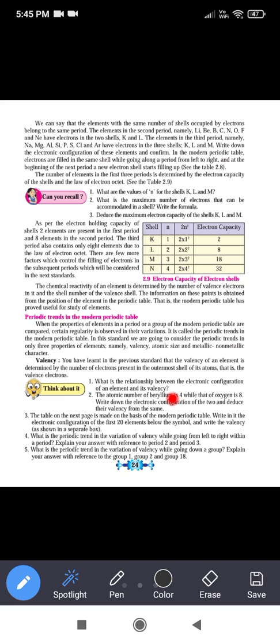What is the relationship between valence electrons and valency? Okay, so what is the relationship between the electronic configuration of an element and its valency?